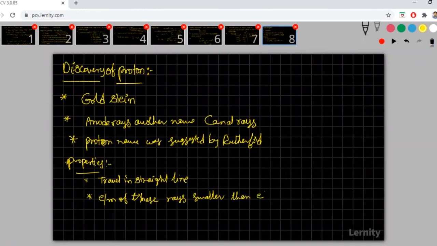Next, E by M of anode rays depends on the nature of the gas.